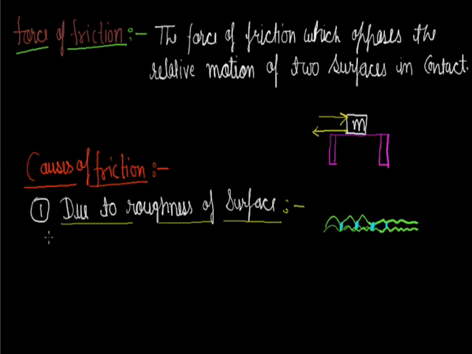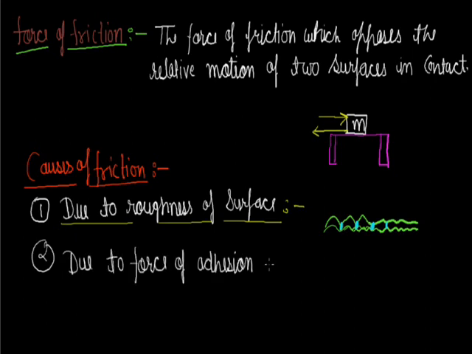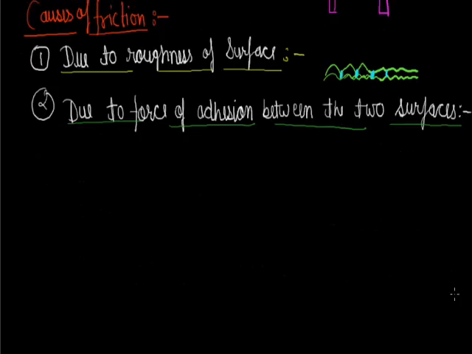Now, the second reason is the force of adhesion between the two surfaces. The two surfaces, when placed together, meet only at certain points. The atoms or molecules present at such points of contact attract each other due to electrostatic attraction.